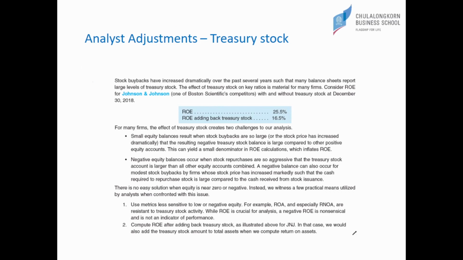And there's no very easy solution when equity is near zero or negative. So there are a few things that we can do here. Either just use normal ROA, or we compute ROE after we add back the treasury stock.